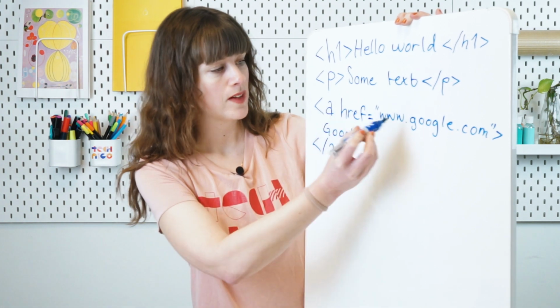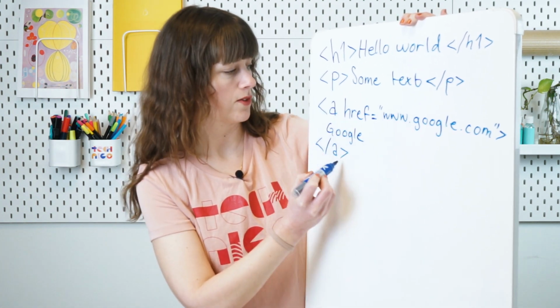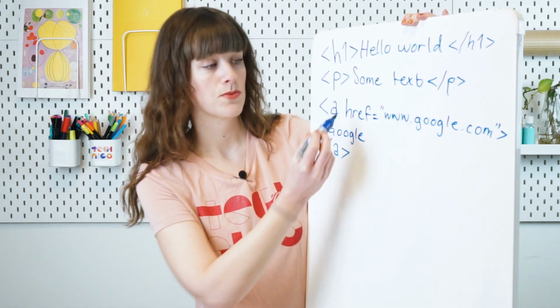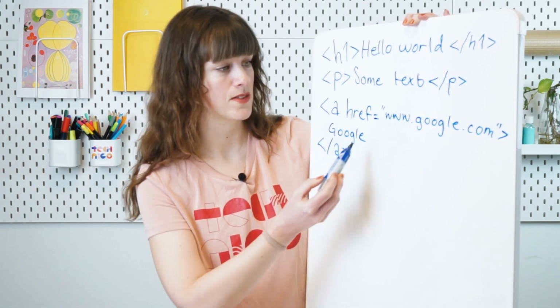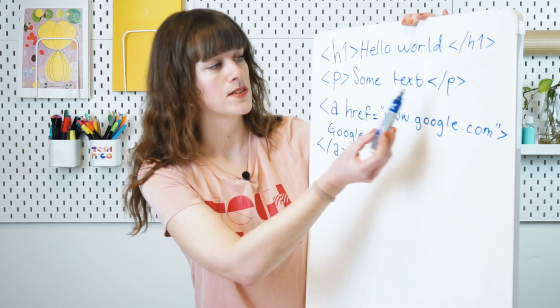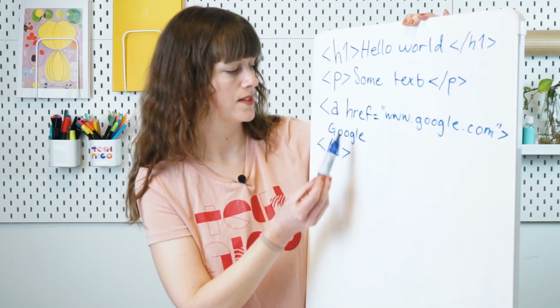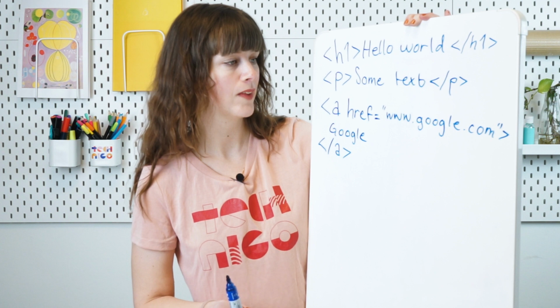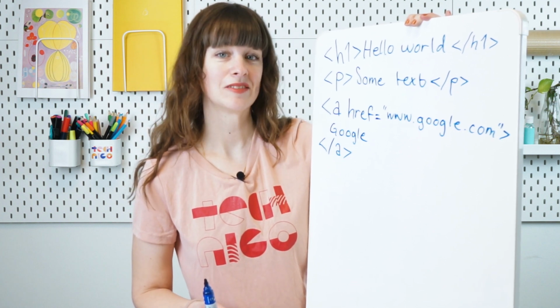So here we have the opening tag, the content, and the closing tag. And I just wrote it on 3 different lines because it didn't fit, but it's the same as these: opening tag, content, closing tag. And the same here. So that's how you do a link.